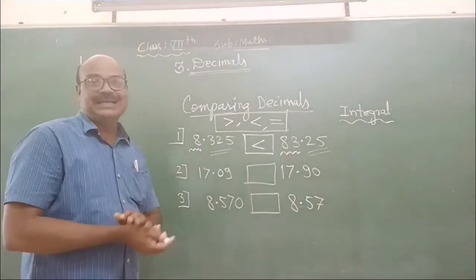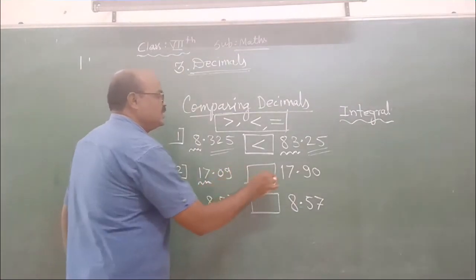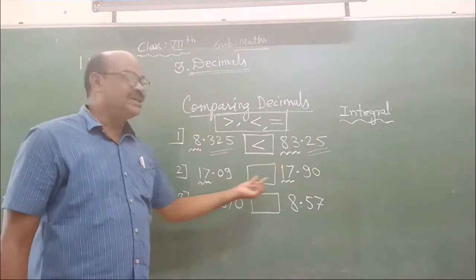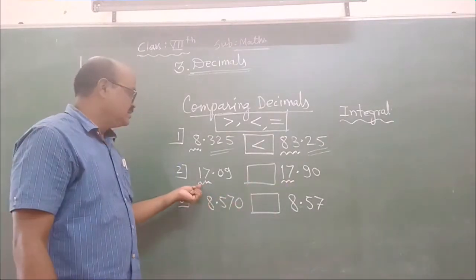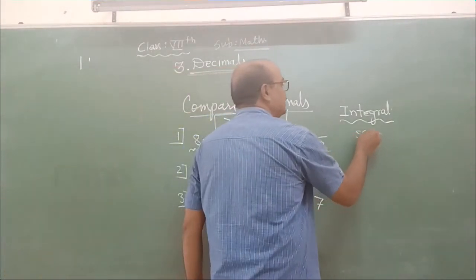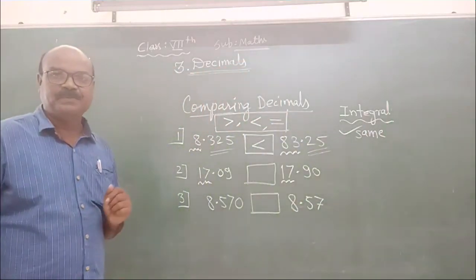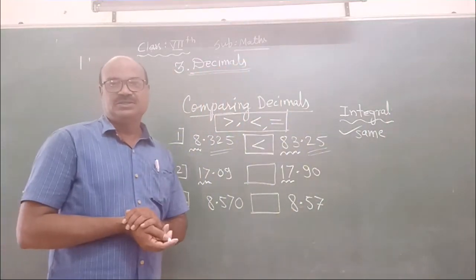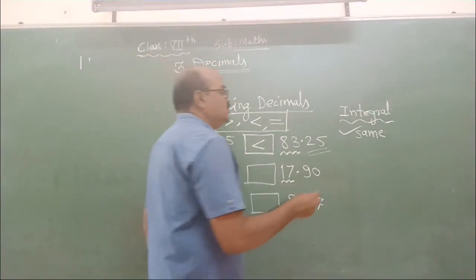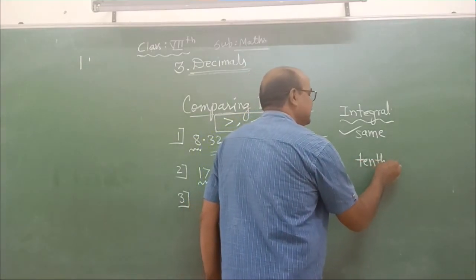Now in second example, if we observe the integral part, so what can we see here? That these two integral parts are same. In that situation, what will we do? So we will observe each place in this way.